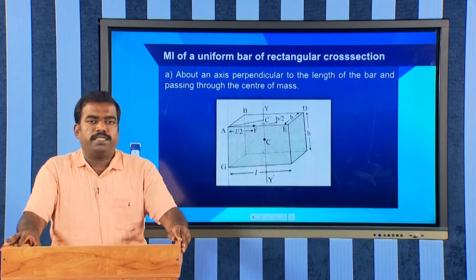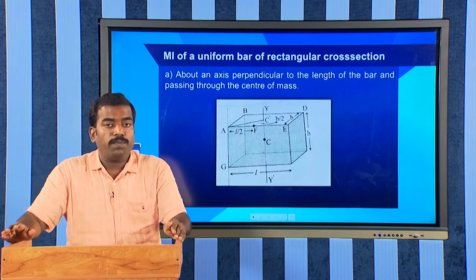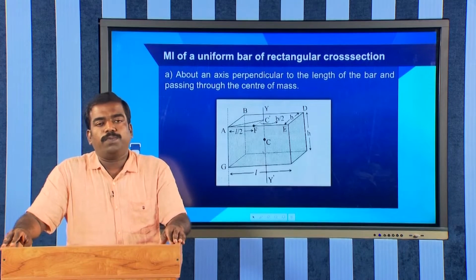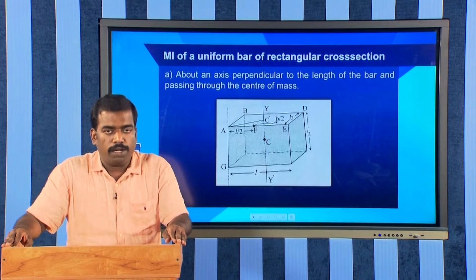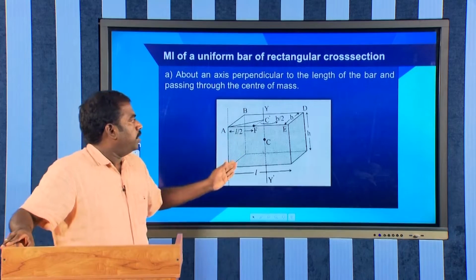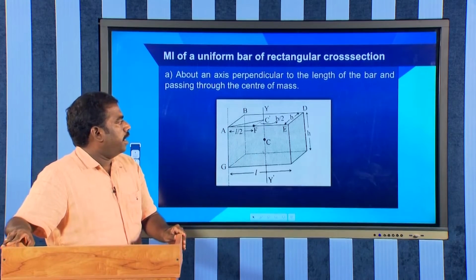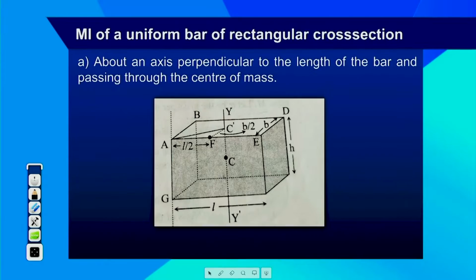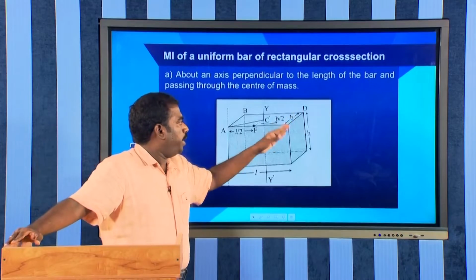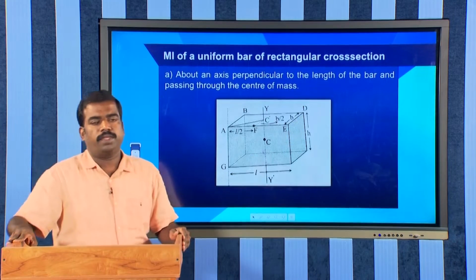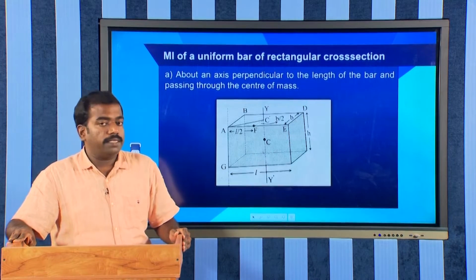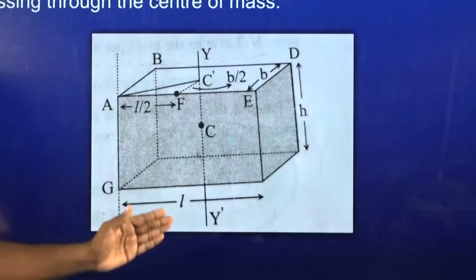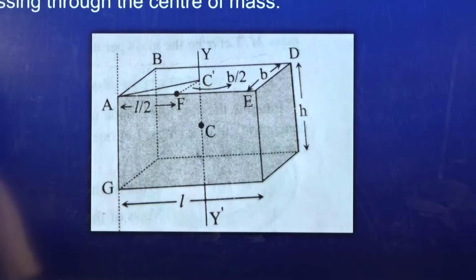Suppose this rectangular bar is made up of a large number of rectangular lamina. Here we consider a rectangular bar of length L, breadth B and height h, and imagine that the bar is made up of a large number of rectangular lamina.